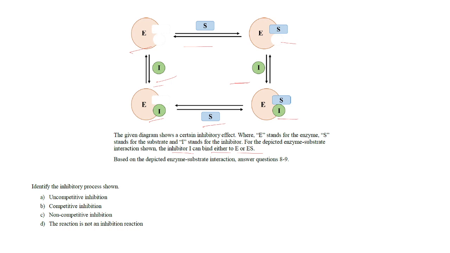So what's right here? Option B, competitive inhibition. Option C is non-competitive inhibition because in this the inhibitor can bind both. It is not binding to the substrate binding position, right? Either substrate is there or not, the inhibitor will bind to this position, which is not the substrate binding position.